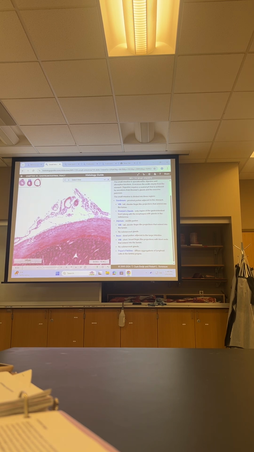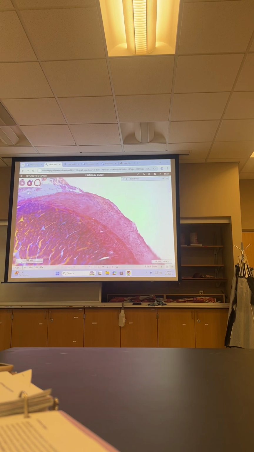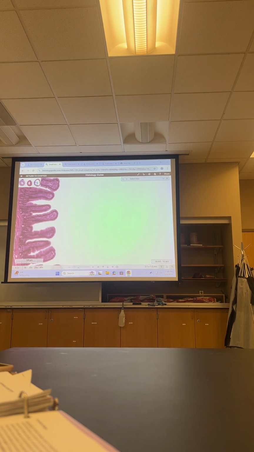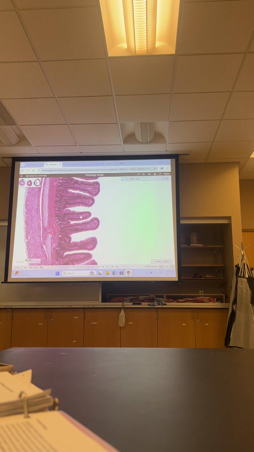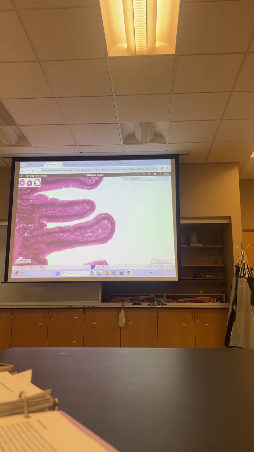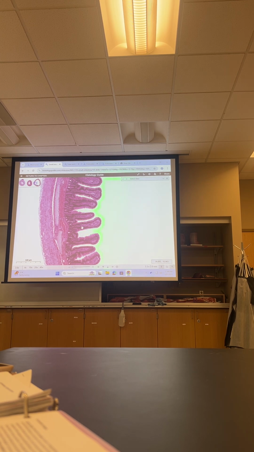All right, and then the last component of the small intestine is the ileum. So we'll find on the ileum that it still is made up of simple columnar when we look at it. And this slide's really bad, it's blurry for some reason. Inside here, the lamina propria.